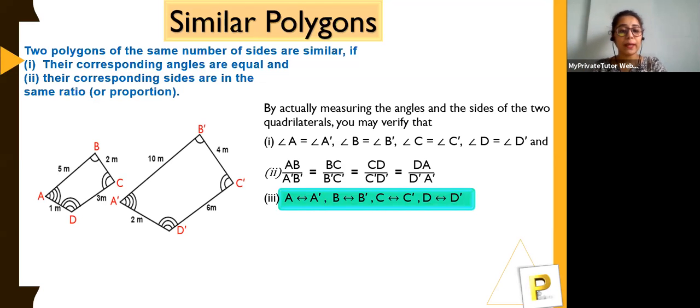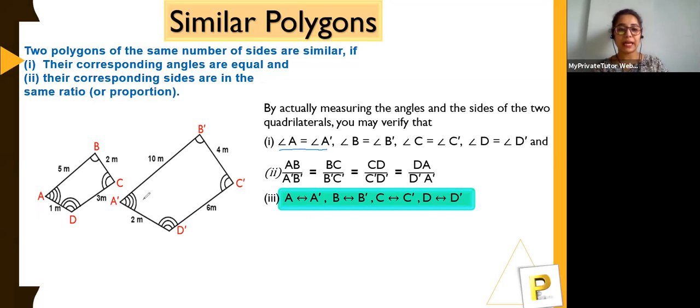Now you can see that angle A is equal to angle A dash. That means both of these angles are equal. When both have equal measurement, they are considered to be corresponding.